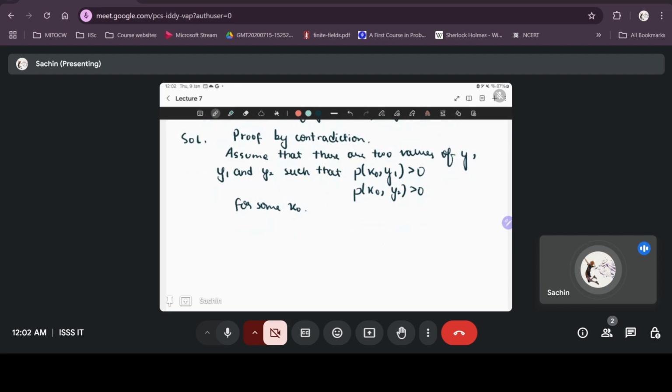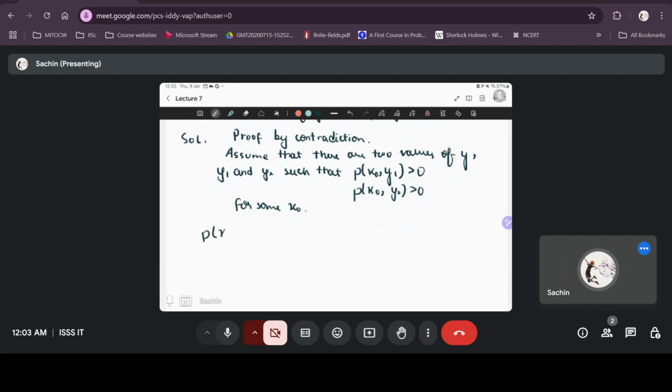Because the statement says for all x with p of x greater than 0, there is only one possible value of y with p of x y greater than 0. And we are saying that there is at least one value x0 such that there are two possible values y1, y2 such that p of x0 y1 is greater than 0 and p of x0 y2 is greater than 0.